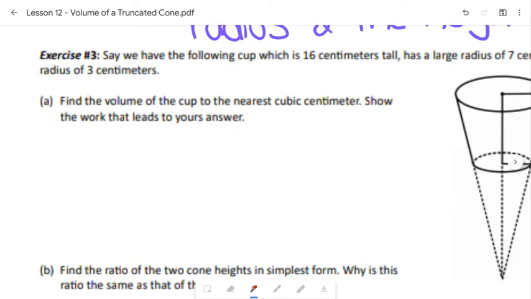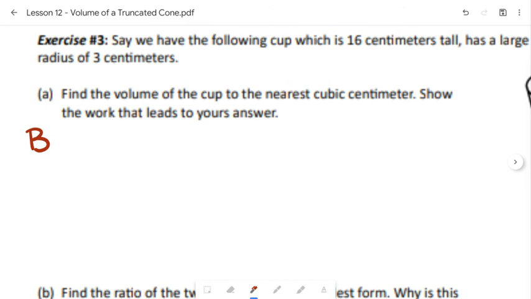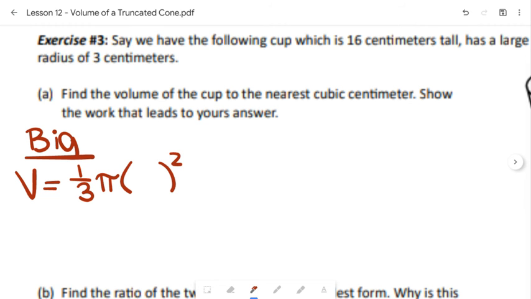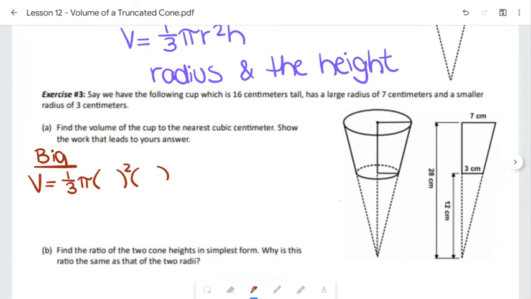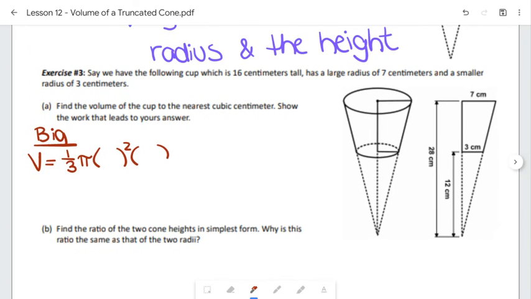So, like I said, let's get the volume of the big cone. So we have 1/3 pi, and we're going to fill in for r and h. Over here, the radius of the larger cone is 7, and the height of that larger cone is 28.